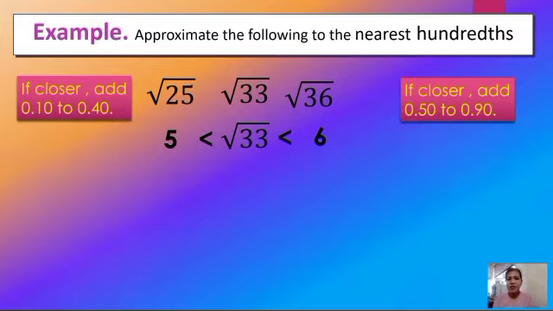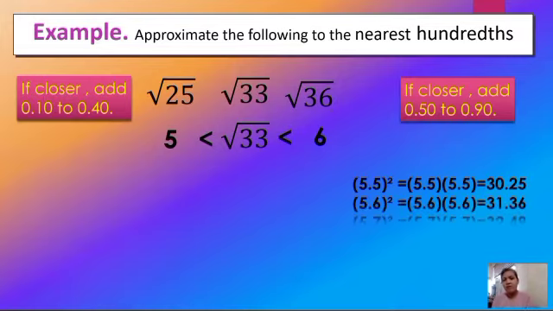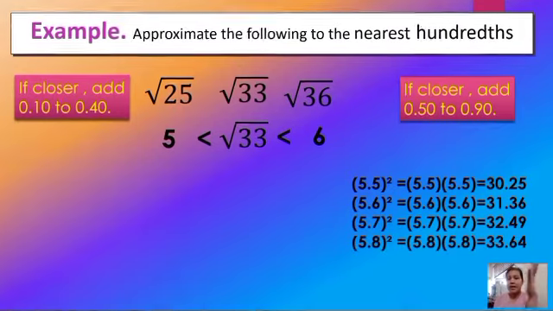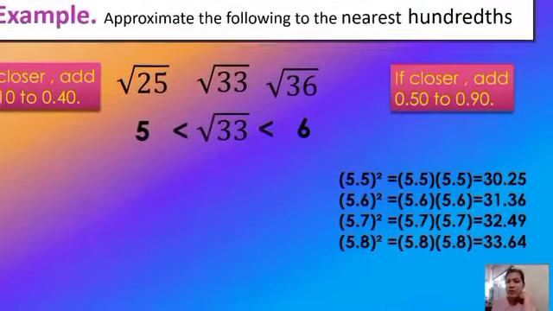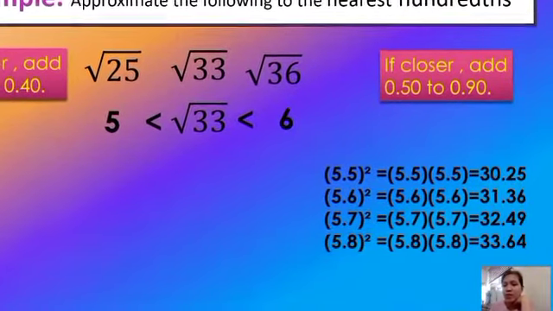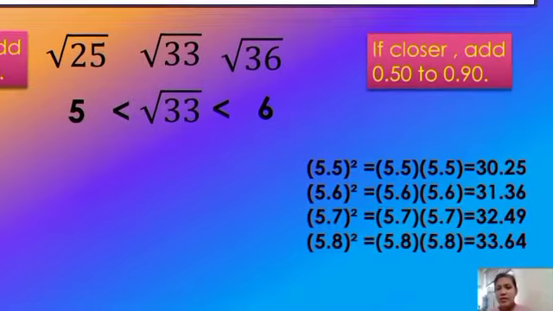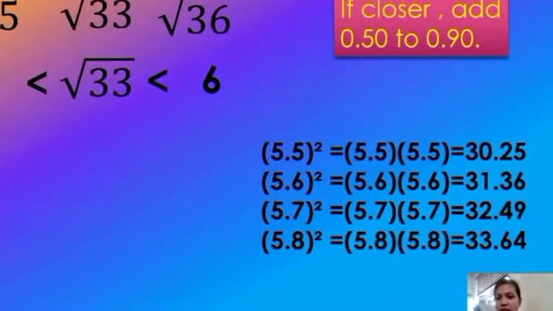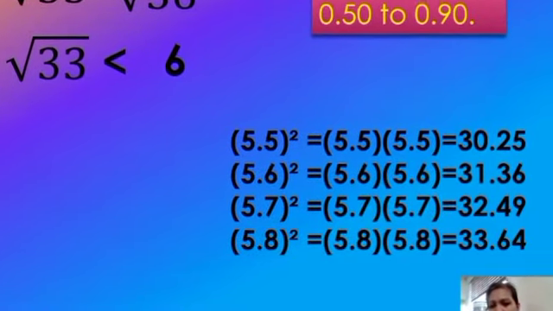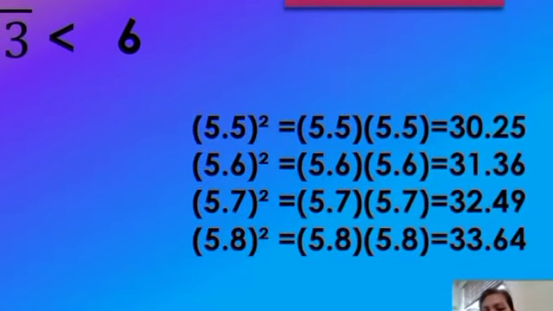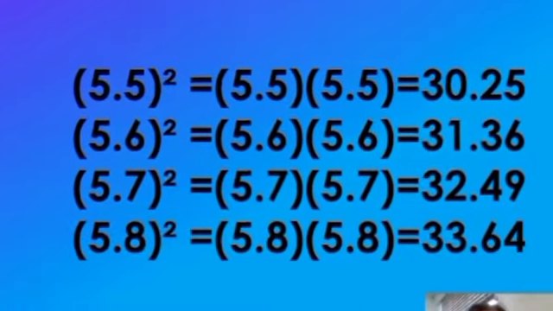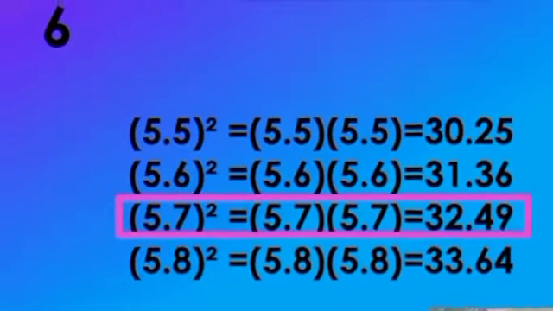So, pwede natin gawing 5.5, 5.6, 5.7, 5.8 hanggang 5.9 hanggang sa makuha natin yung mas malapit. So, dito, 5.5 times 5.5 is 30.25. Medyo malayo pa rin. So, pupunta tayo sa higher. So, 5.6. Malayo pa rin. And then, we'll get 5.7, 32.49. And then, kung mapapansin nyo yung 5.8, lampas na siya. So, ibig sabihin, ito lang yung gagamitin natin ay ang 5.7.